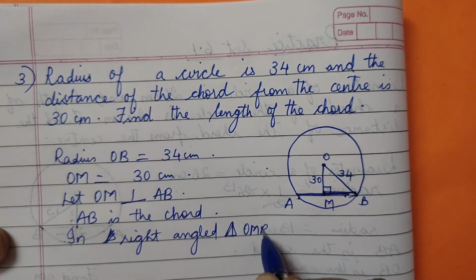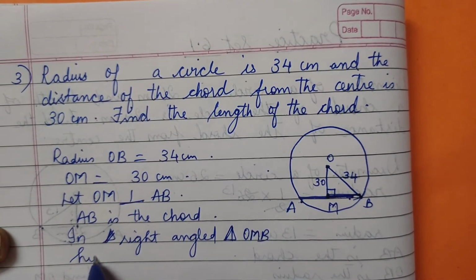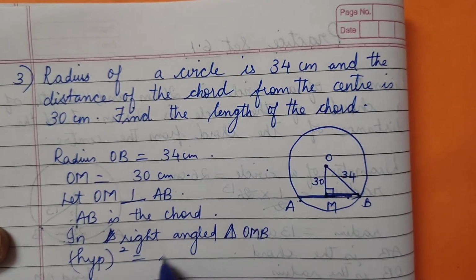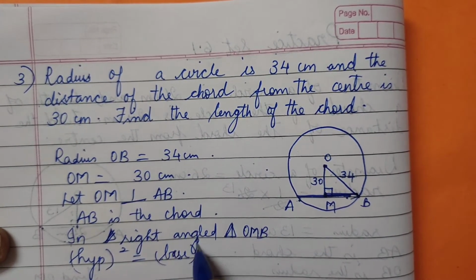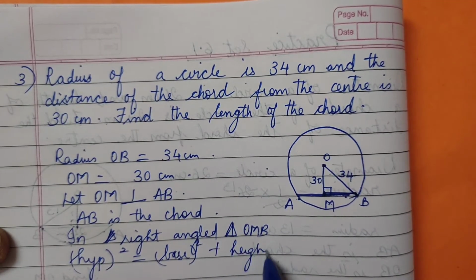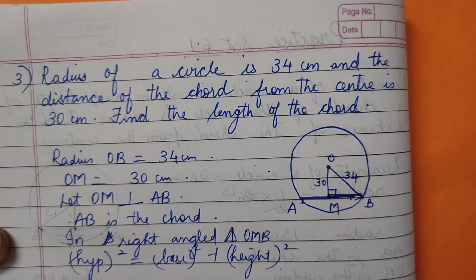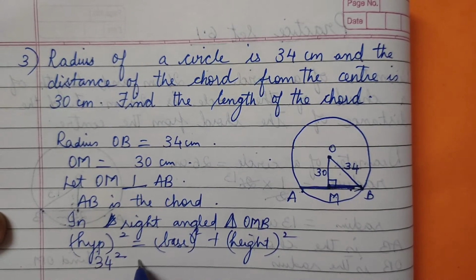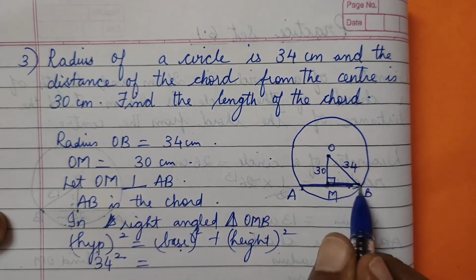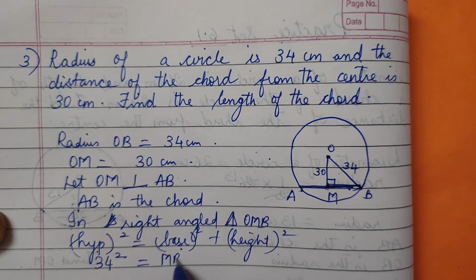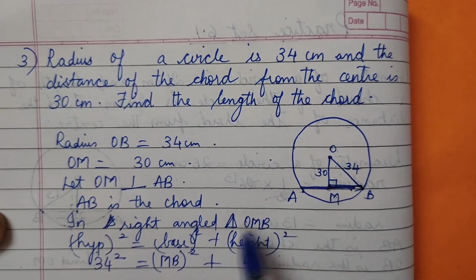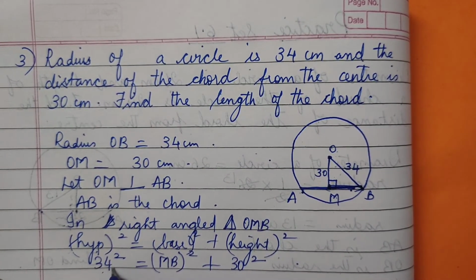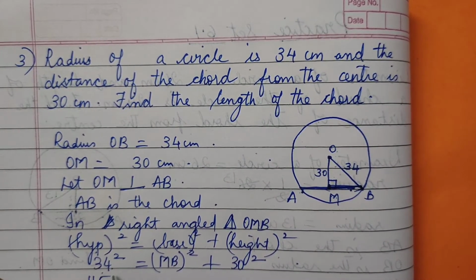OMB. Now we are writing hypotenuse square equals base square plus height square. Now I can write the values. The hypotenuse is 34, so 34 square equals base square, which I do not have, so I am writing MB square, plus height square, I know 30 square. 34 square is 1156.